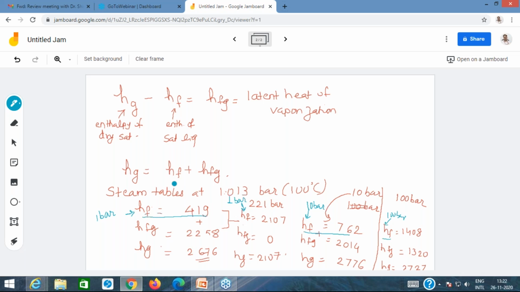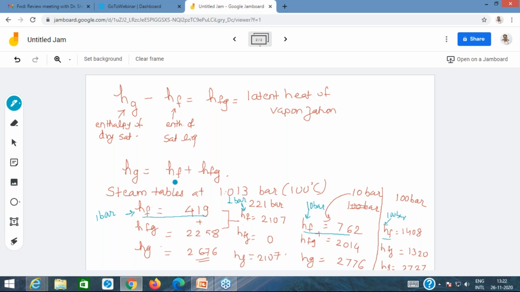So what it means is that if you go on increasing the pressure at which you are heating the water, the amount of enthalpy required for attaining a saturated liquid would be more. Okay, all right, Neha, thank you. So with the increase in the pressure, the enthalpy of the saturated liquid, or the heat required for the water to become saturated, would increase.